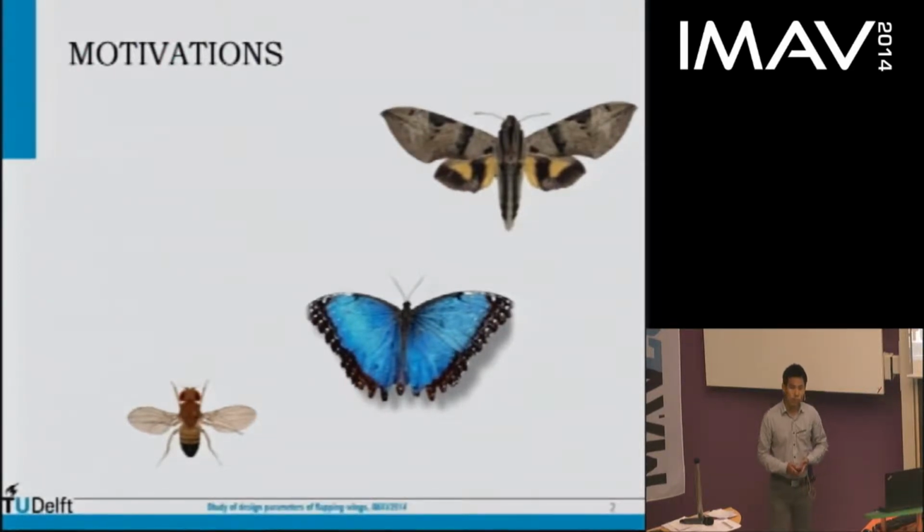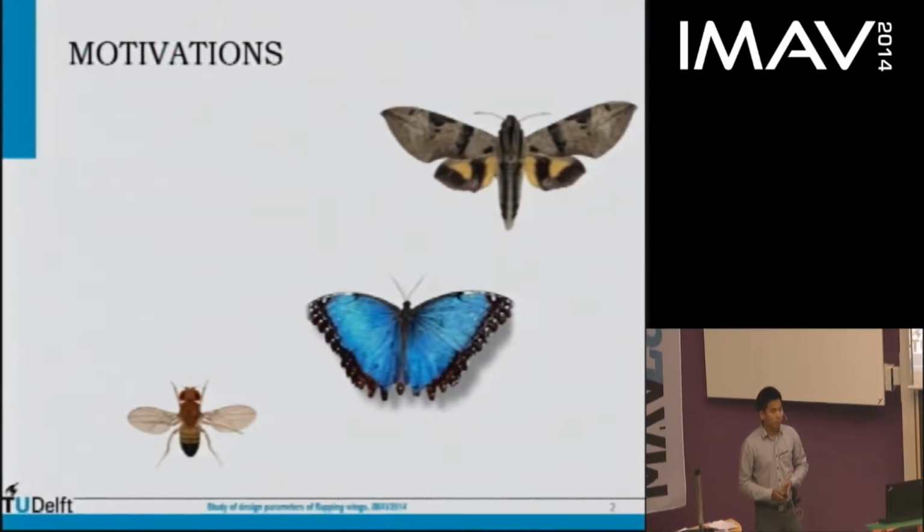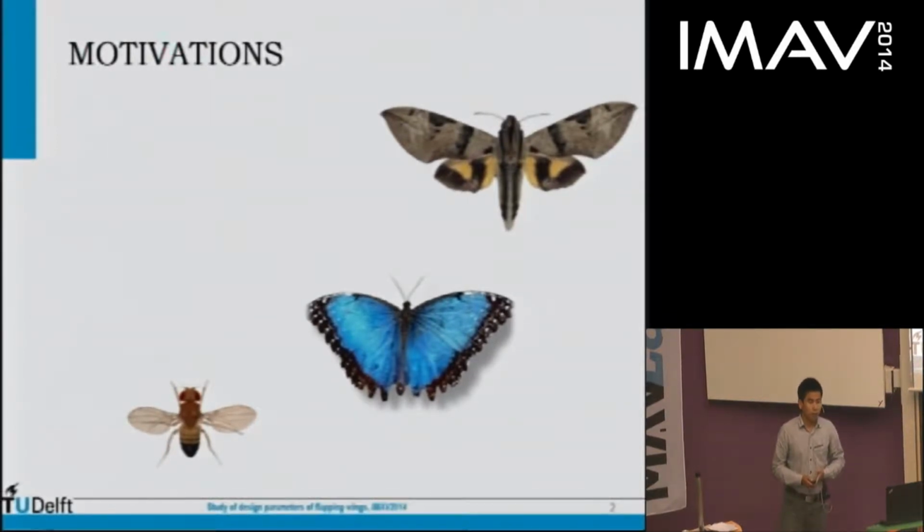Indeed, studies show that the pitching motion can be achieved passively with the help of the aerodynamic forces and the wing inertia, as well as the flexibility of the wing.